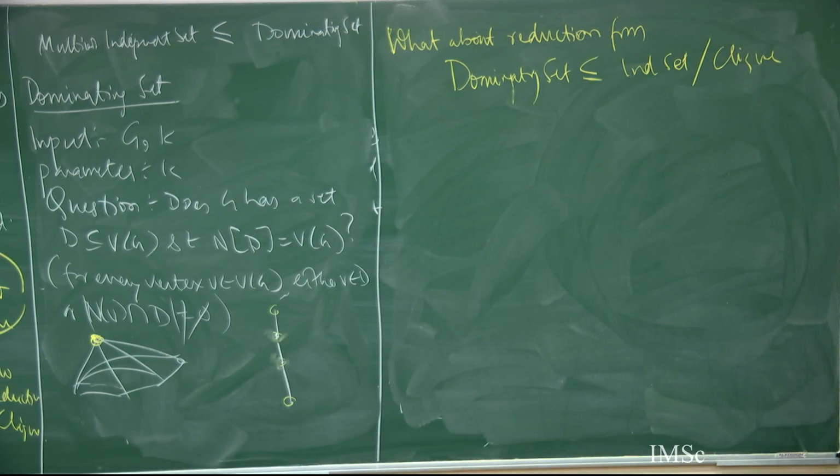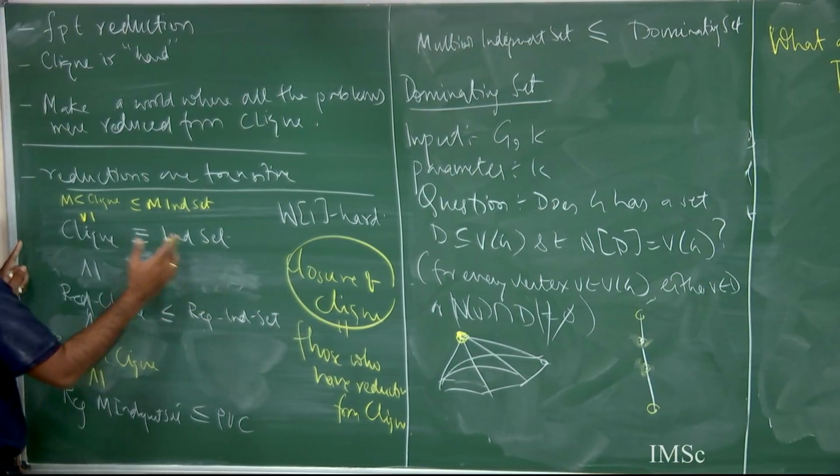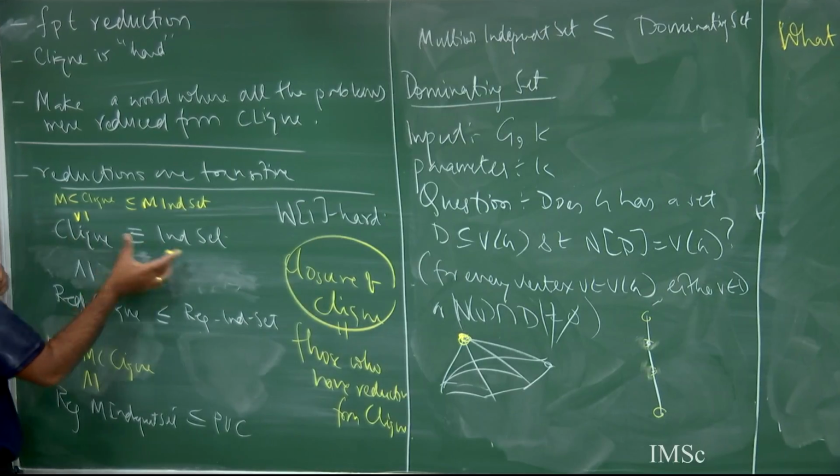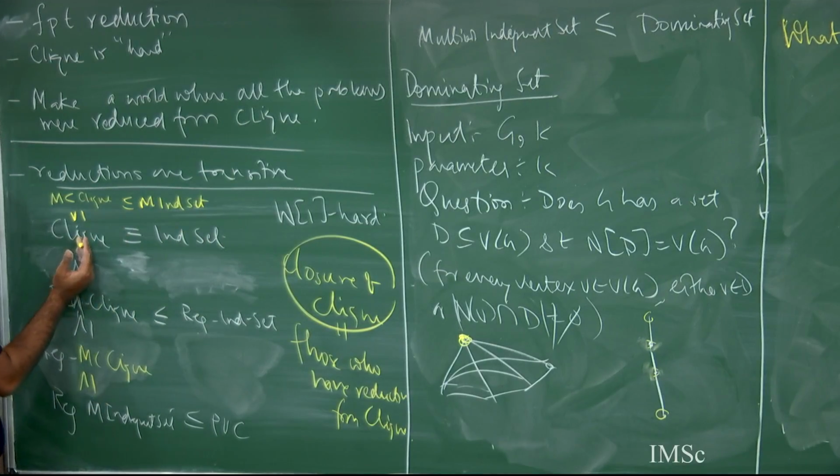Does such a reduction exist? That would have meant, in terms of FPT closure, that they are equivalent problems, the way clique and independent set are equivalent problems. In fact, for all of these I can actually give a backward reduction, so they are all equivalent problems in the world. But for a long time we tried to make a reduction from dominating set to independent set, and we don't know how to make such a reduction.